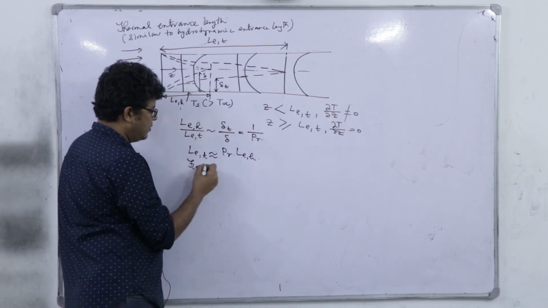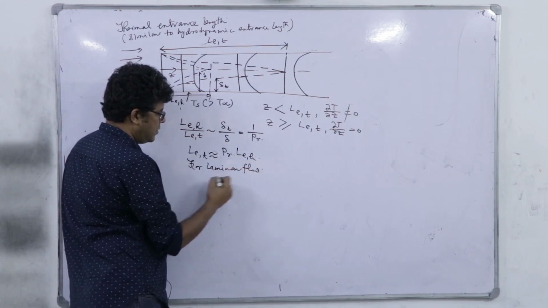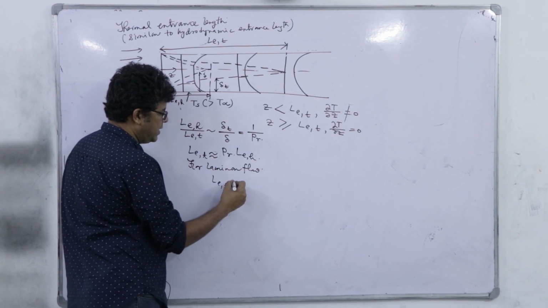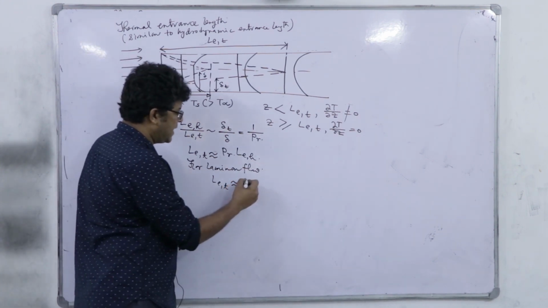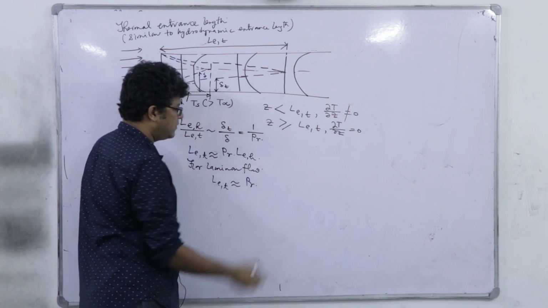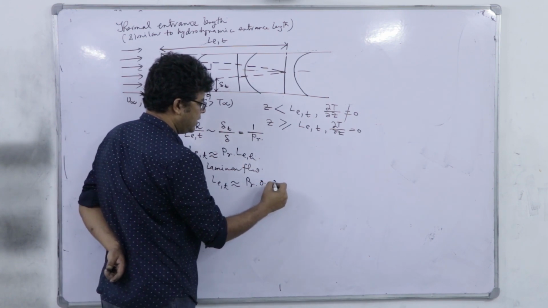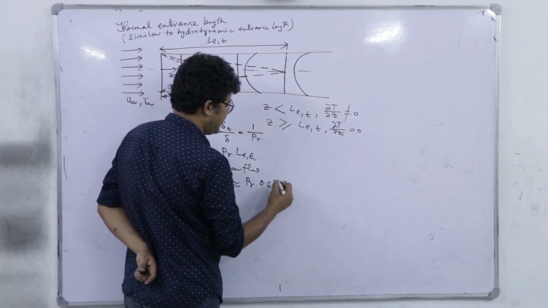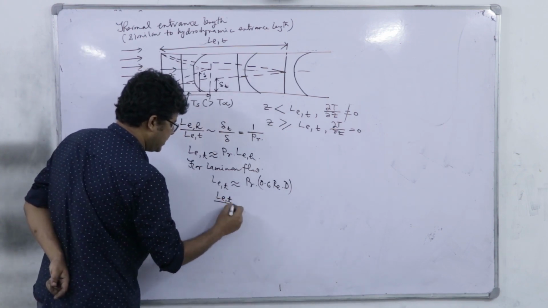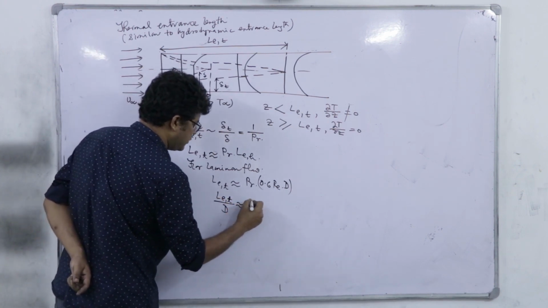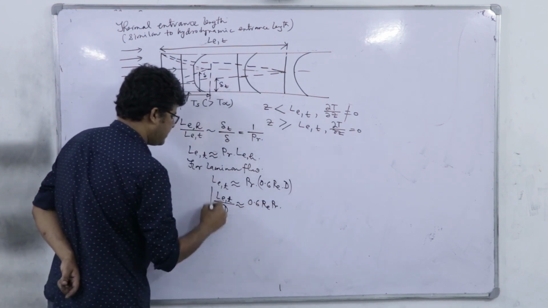For laminar flow, LET will be nearly equal to, and actually truly we should write, Prandtl number into 0.6 into Reynolds number into diameter, right. So thermal entry length divided by diameter is close to 0.6 into Reynolds number into Prandtl number.